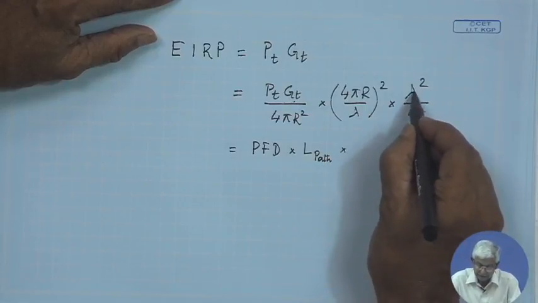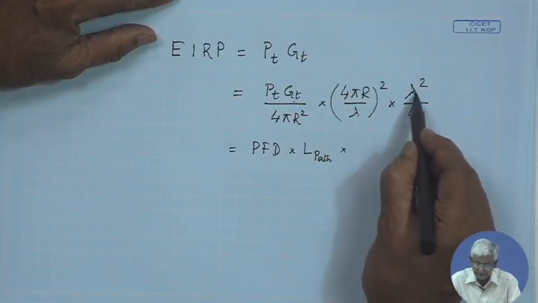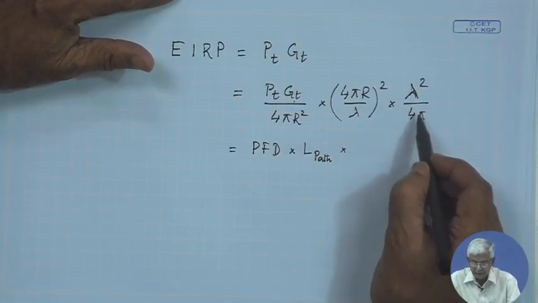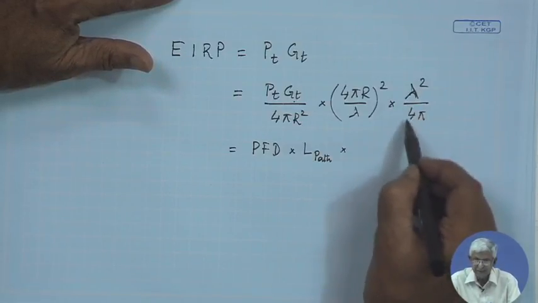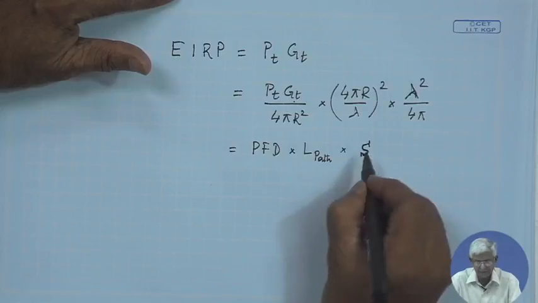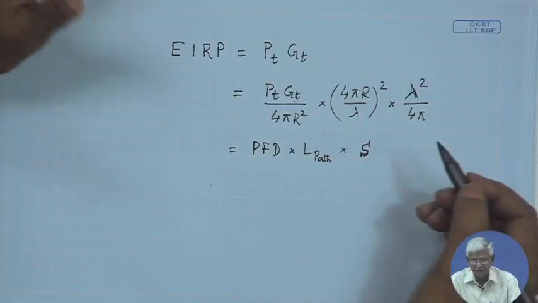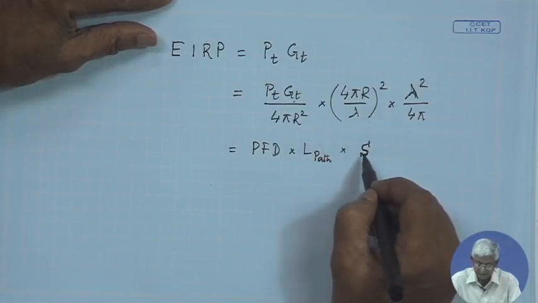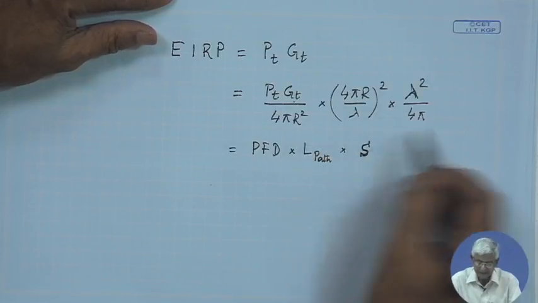Let us see what this term is. It is related to the lambda or the frequency of operation, and it is spreading, divided by 4 pi. So, we introduce a new term called S. It is something like spreading. We can call it a spreading loss, which is slightly different from path loss.